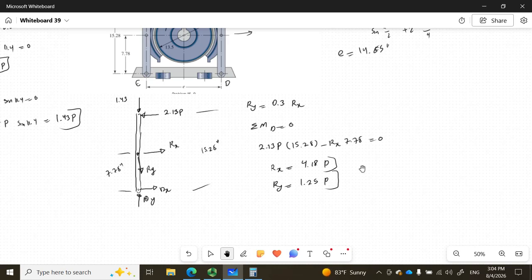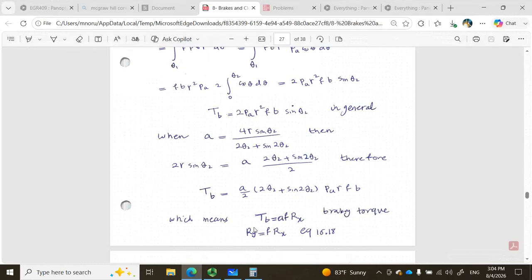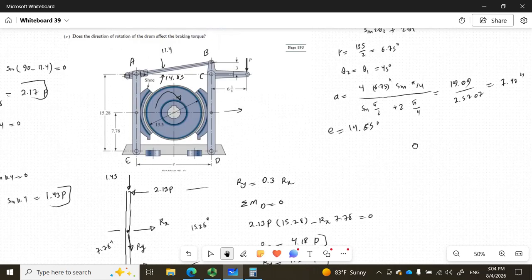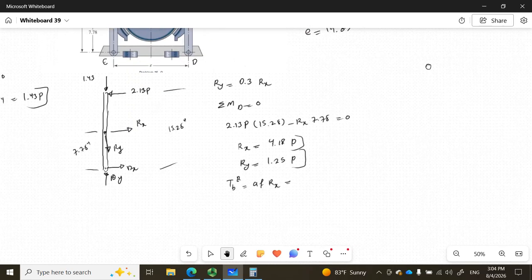By the way, we had this equation: braking torque is going to be A times F times Rx. So if I want to write that too, braking torque on the right side is A F Rx. Let me double check. Yeah, alright, so A is half of E, 7.42.